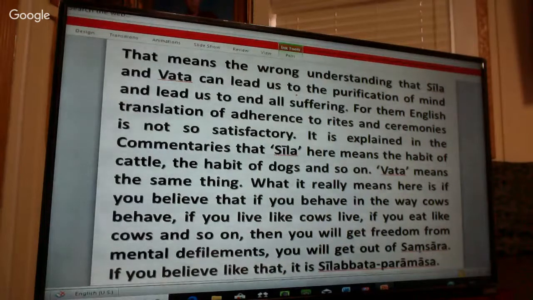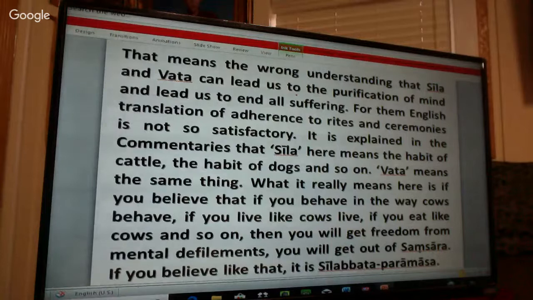They think like this. The English translation is not good. Adherence to rites and ceremony is not so satisfactory.